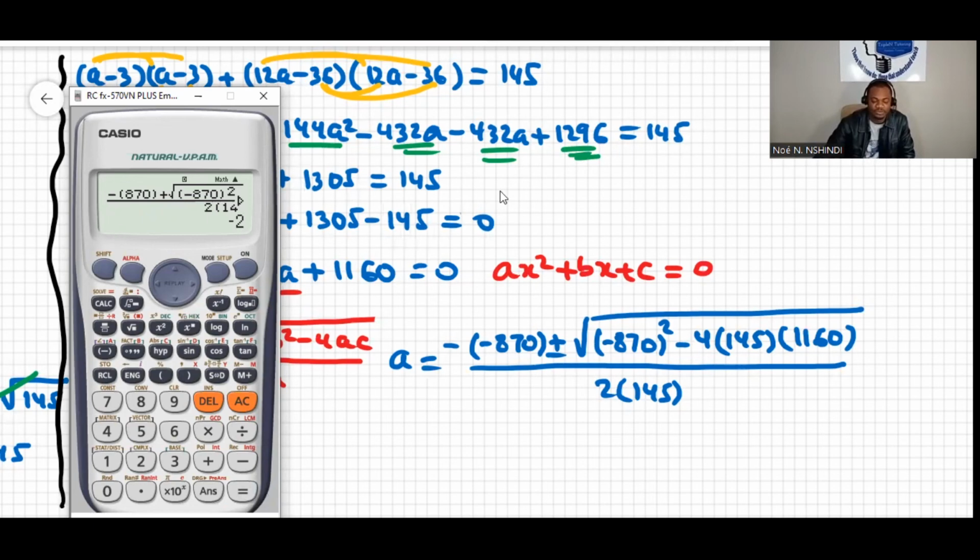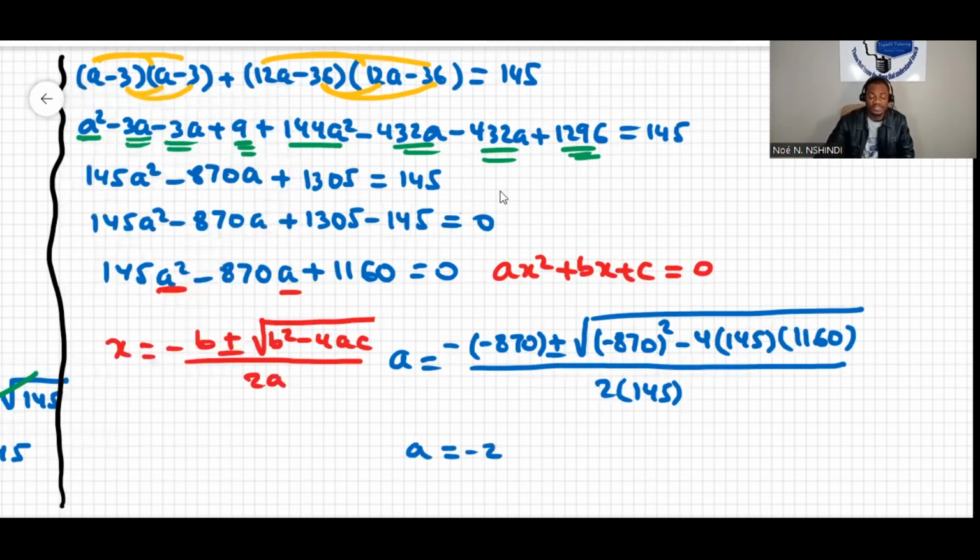We have a equal to negative 2, but this one is with the positive here, and I'd like to also work out with the negative.